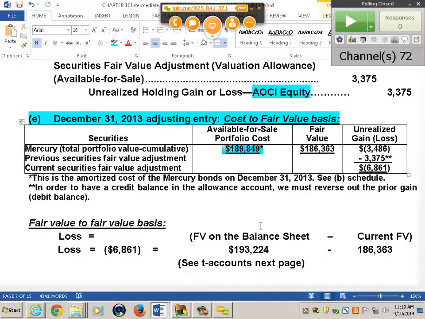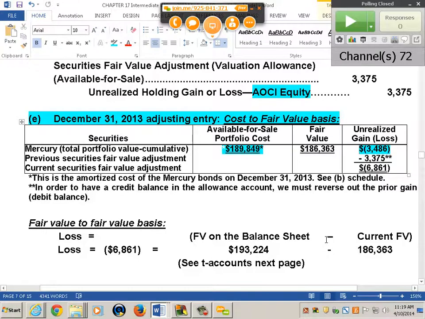So the question is, what should the security be at this point? Well, if you're carrying it at cost at 189,849, but the market value is 186,363, you need to have an allowance account with a balance of $3,486.